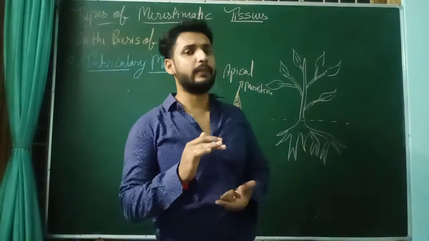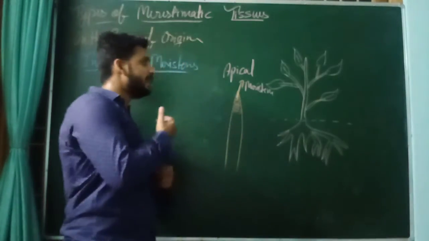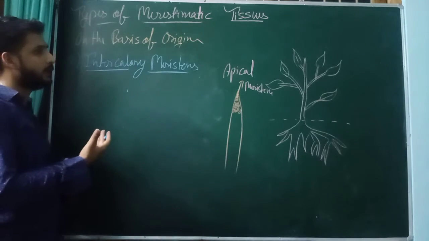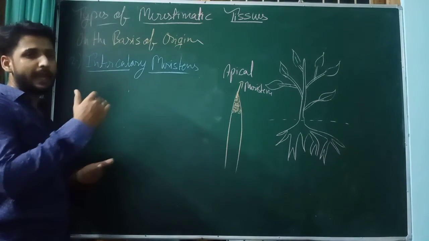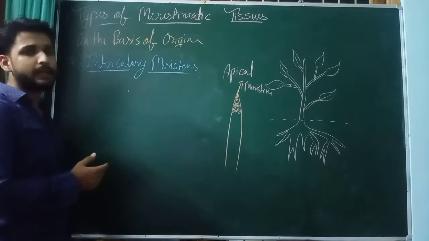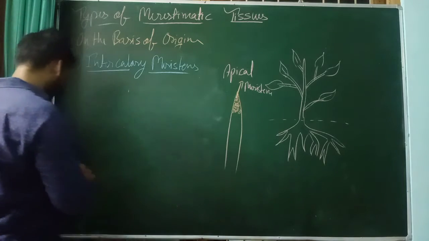Inter means between. So these are present in between the two nodes at the internode region, or you can say these are present in the leaf base or twigs. Got it?